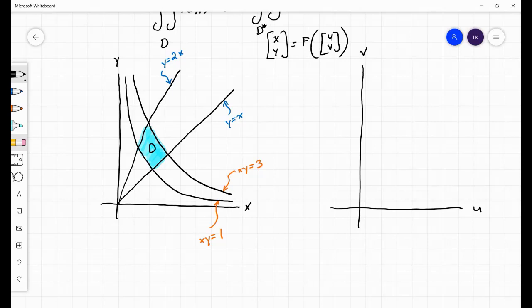Okay. Well, what's outstanding about points on these 2 hyperbolas? If you take any point, you take the x and y coordinates on that hyperbola, and you multiply them, what would you have to get?